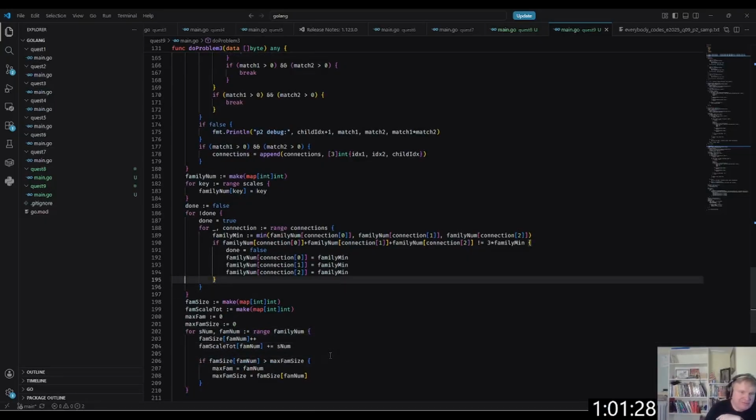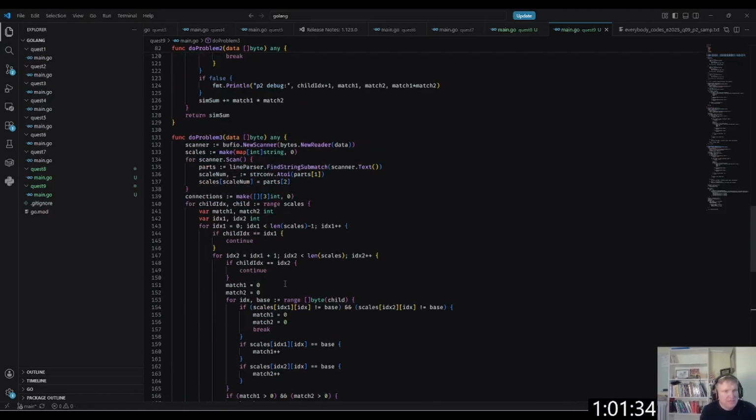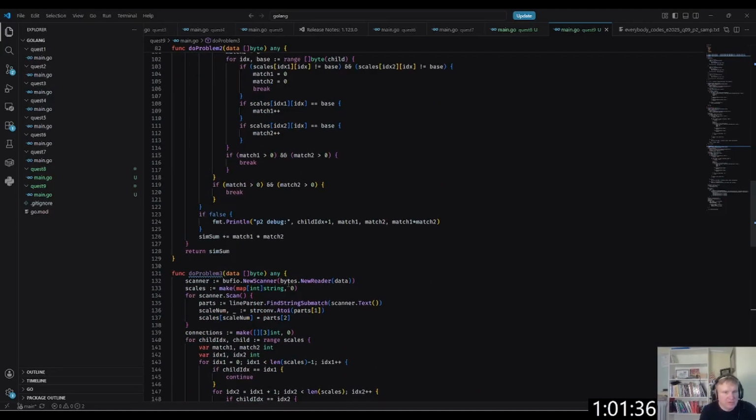Taking advantage here of the fact that in Go, maps always initialize to 0. Okay, this should work, and I'm at just over an hour working on all of this.